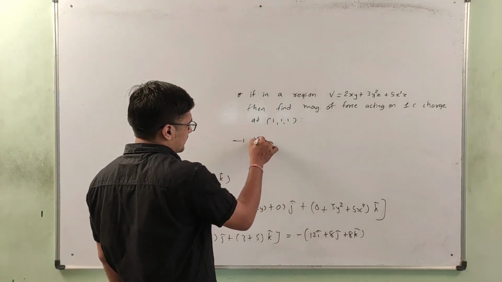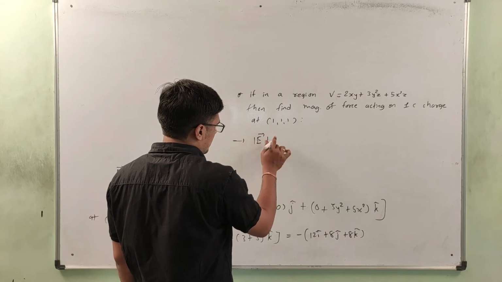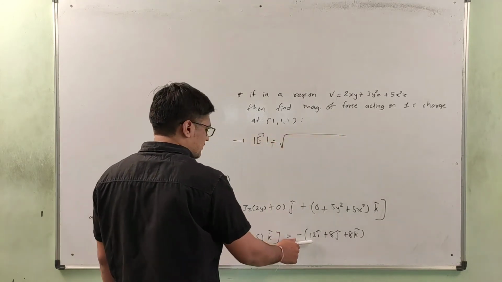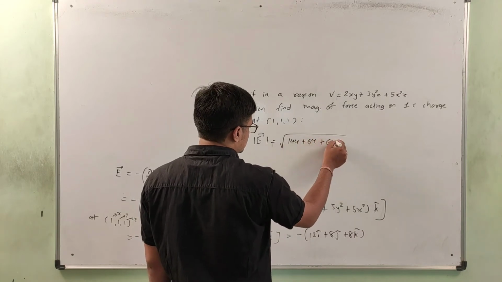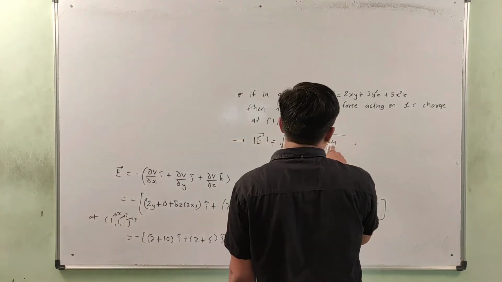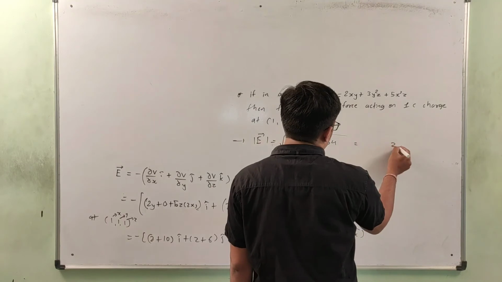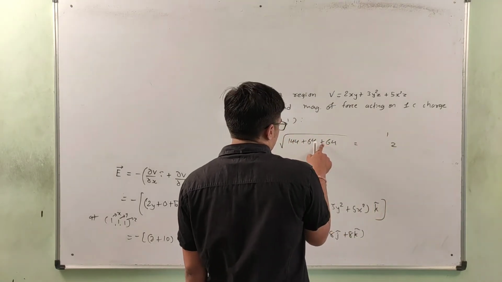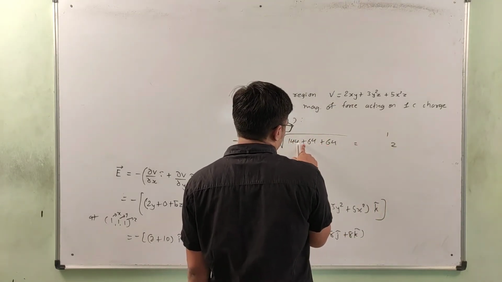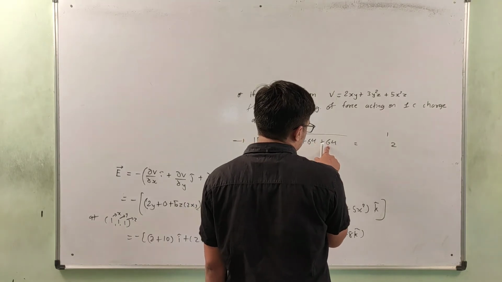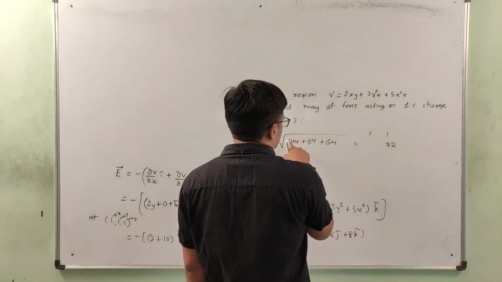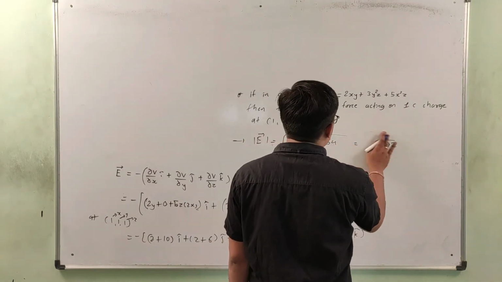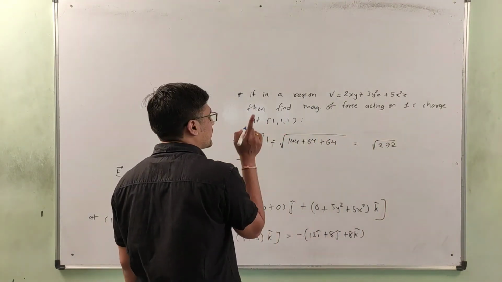Then what is the magnitude of electric field? That is equal to under root Ex square plus Ey square plus Ez square. 12 square is 144, 8 square is 64, 8 square is 64. So the magnitude is root 272 at point (1,1,1).